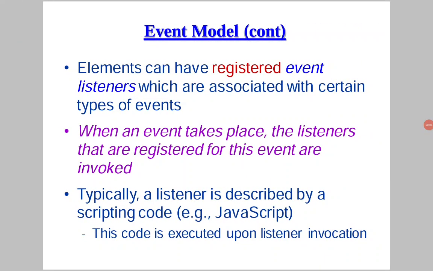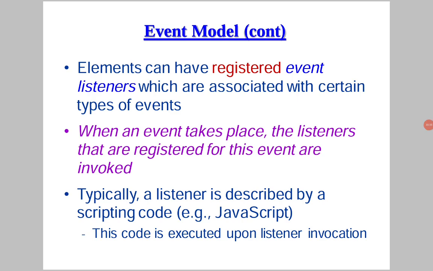Elements can have registered event listeners which are associated with certain types of events. When an event takes place, the listeners that are registered for this event are invoked. Typically, a listener is described by scripting code, for example JavaScript. This code is executed upon listener invocation.